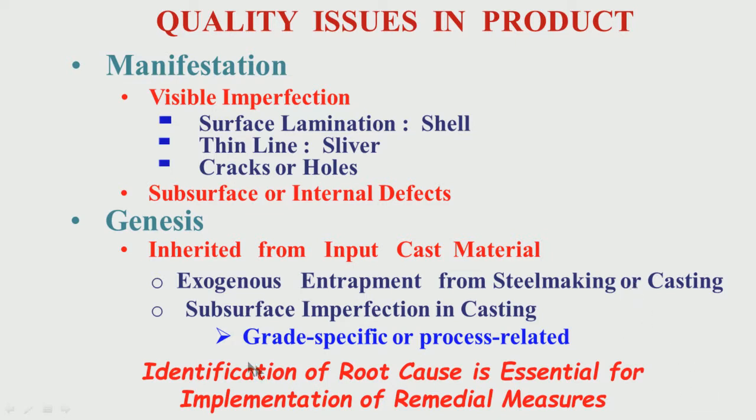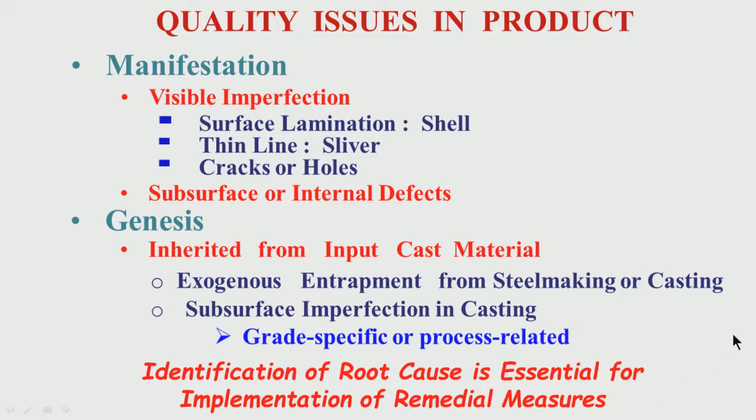Now what is important is identification of the root cause, that means the genesis is essential for implementation of remedial measures. Why do you want to know the genesis? Because if you know the genesis, then you can take care of it in subsequent stages. Say a defect has formed at a particular instance, you do not want the defect to continue in subsequent stages also.